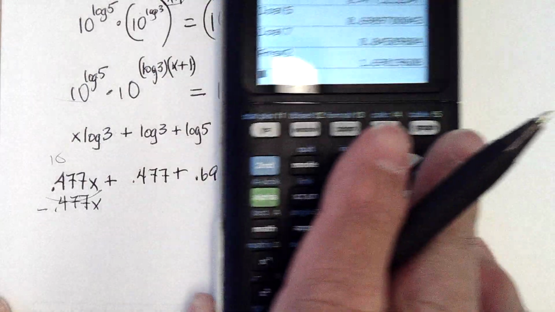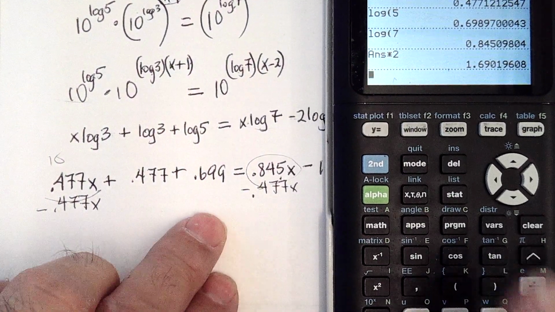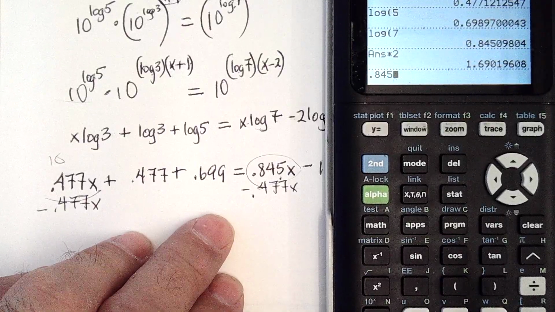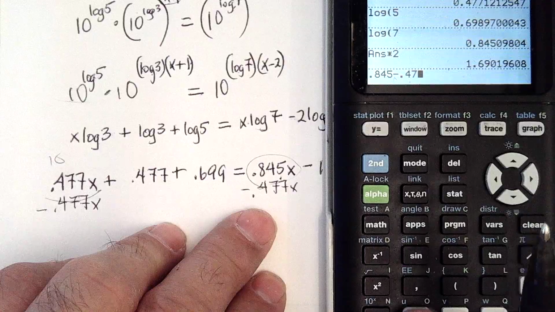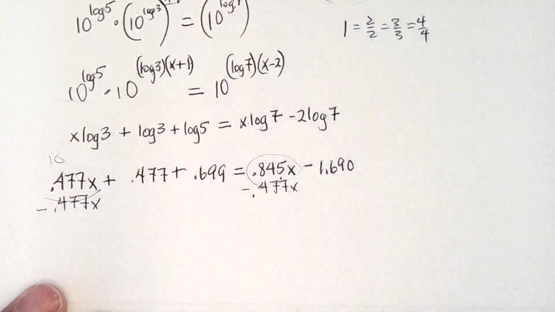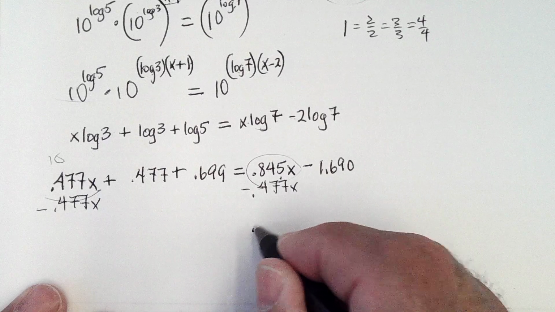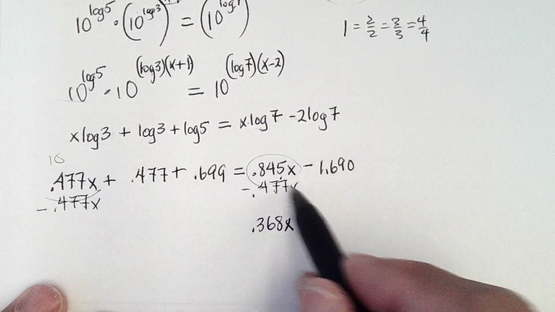So I end up with 0.845 minus 0.477. I end up with 0.368 x's on this side.